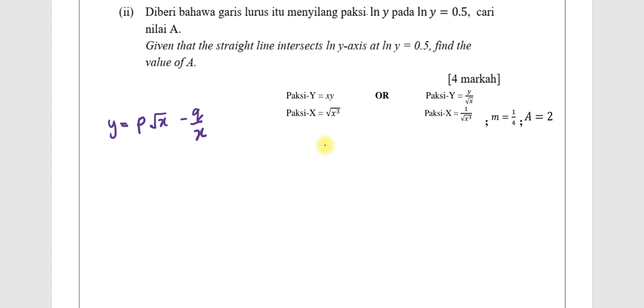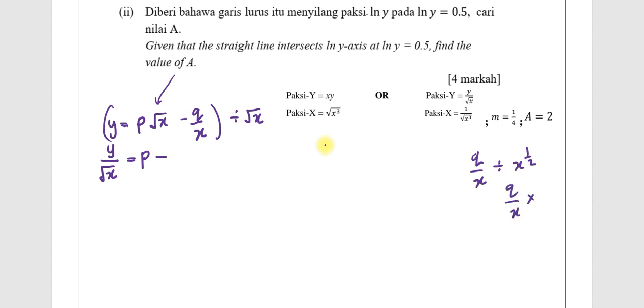Okay, let's say I want to cancel this square root x. So, I need to divide the whole thing with square root x. So, saya akan dapat y over square root x equals to P minus Q over x and then divided by square root x. Square root x tu apa dia? x power 1 over 2. Dia jadi apa? Q over x darab 1 over x power 1 over 2. Lepas tu dia akan jadi dekat sini x power 3 over 2 lah.